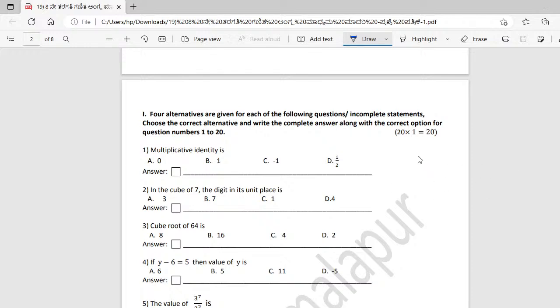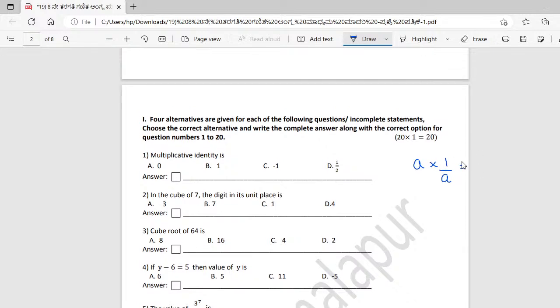Multiplicative identity is nothing but a into 1 by a is equal to 1. Let me write it down once again clearly: a into 1 by a is equal to 1. That is the way multiplicative identity is given.